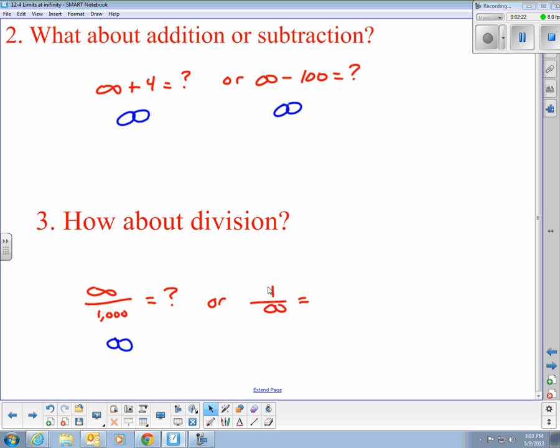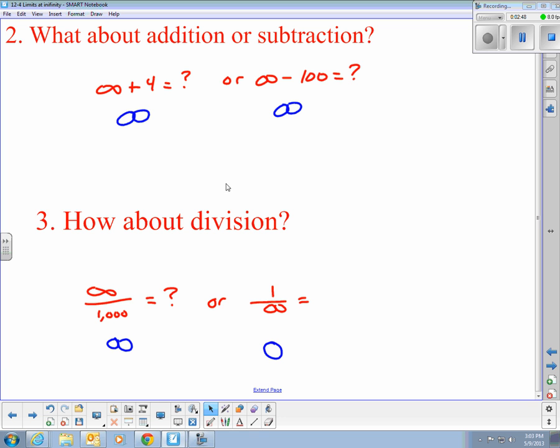I don't care how big you make the numerator, excluding infinity, which number you choose, when you divide it by such a big number, this is a really tiny number. 1 over infinity, in fact, is so tiny, we call that 0.